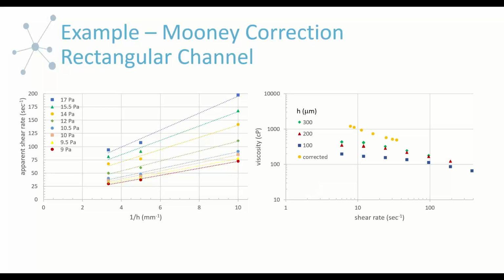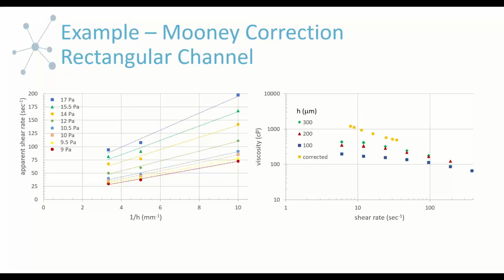So this is the general way that you would correct for the wall slip. As I said, this is an artifact that you can correct. And there's an analogous process for the circular cross-section capillaries. There is also a way to correct for slip in rotational instruments as well. A similar idea.